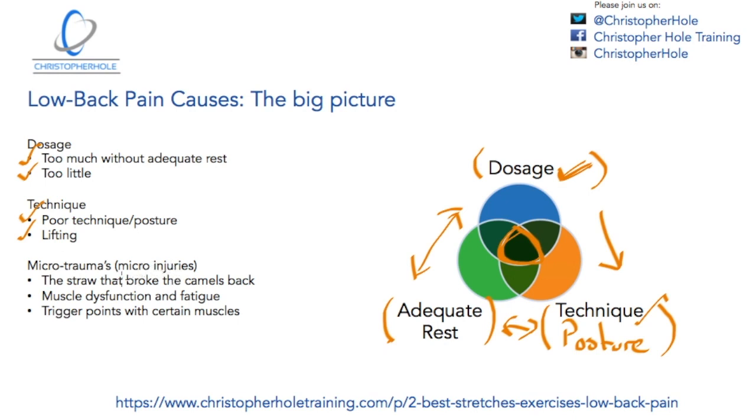But those injuries accumulate, the muscle might become dysfunctional, it might fatigue, trigger points might occur, but essentially it's the straw that broke the camel's back. So when you're talking about your low back pain, it's all these micro injuries accumulating, and then it hits this limit, this tipping point, and all of a sudden pain comes out.